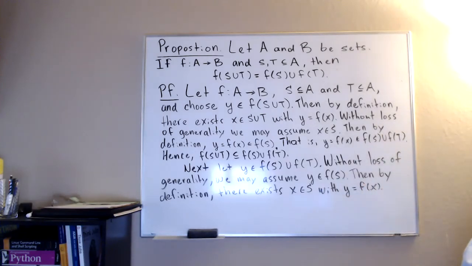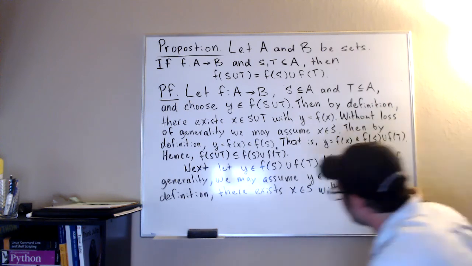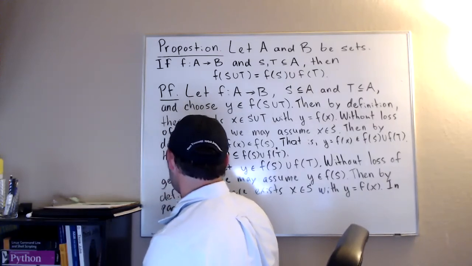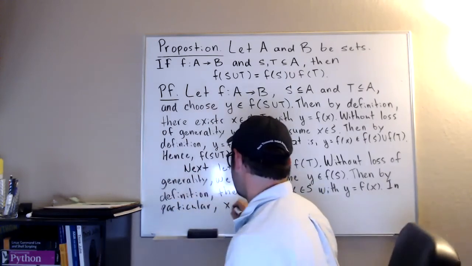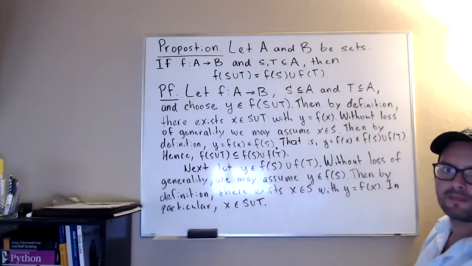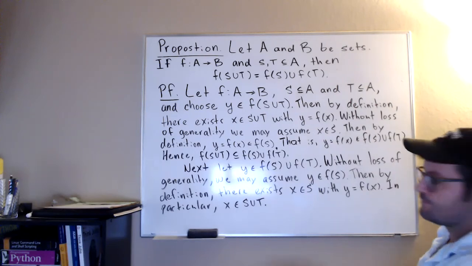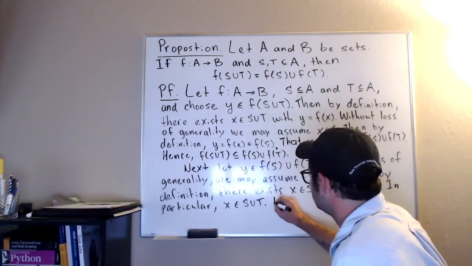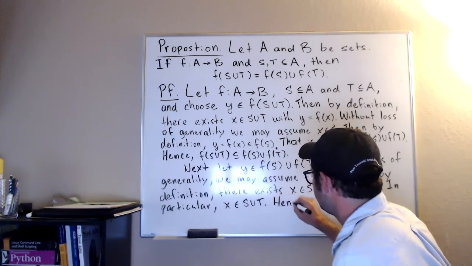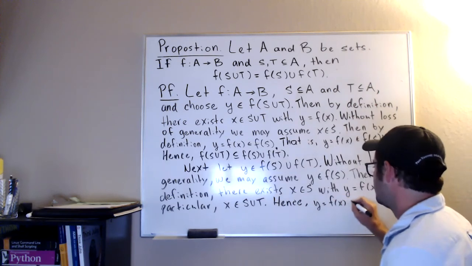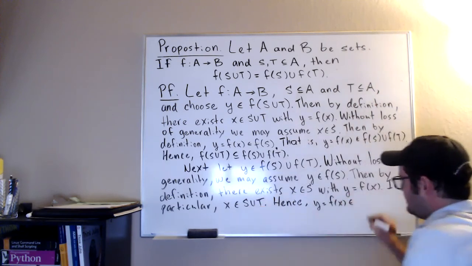So if x is in S, we can say something like, in particular, x is in the union of S and T. And then hence maybe y equals f of x must be in the image of that union.